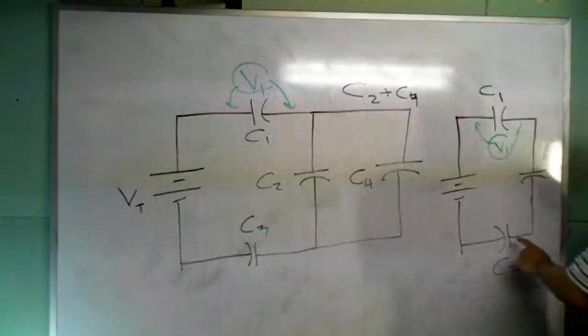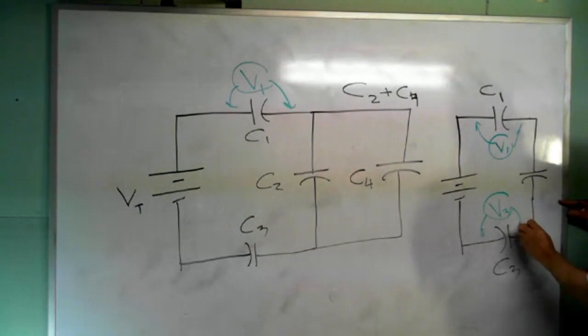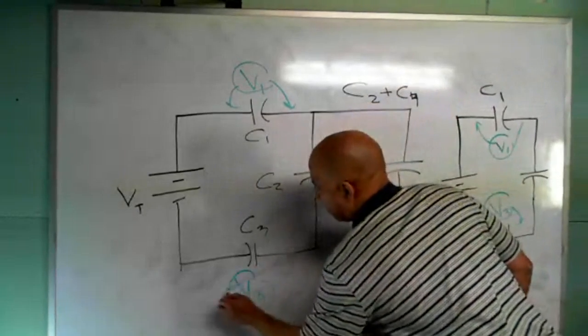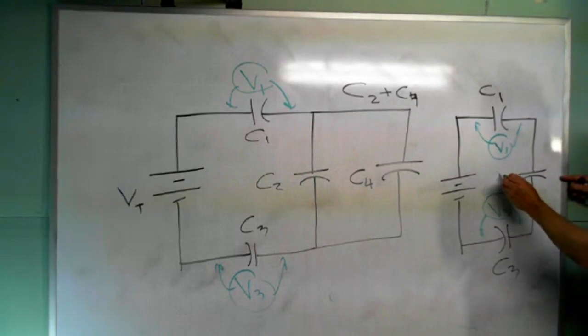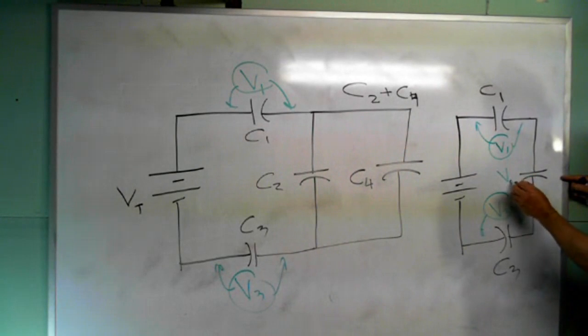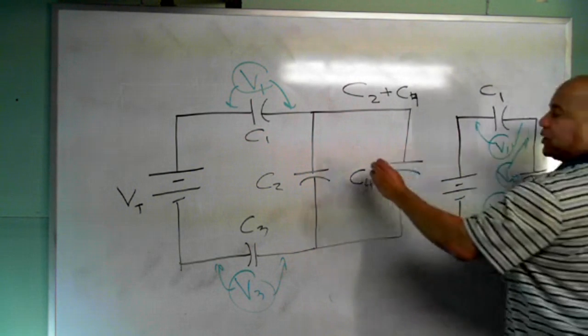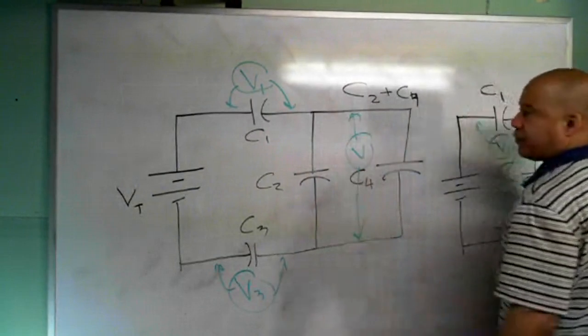Then you will get the voltage across this one, V3, which means you would know this one, V3. But then when you get the voltage across this one, this is the combination of 2 and 4, you get that voltage. That voltage is actually across both of these because they're in parallel.